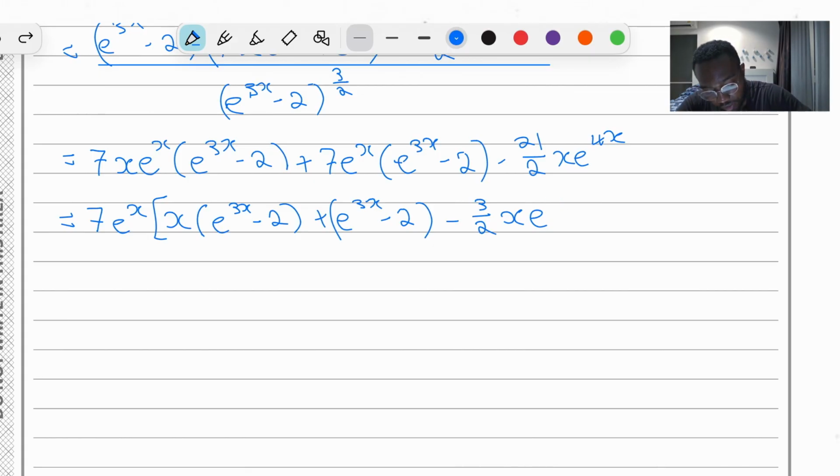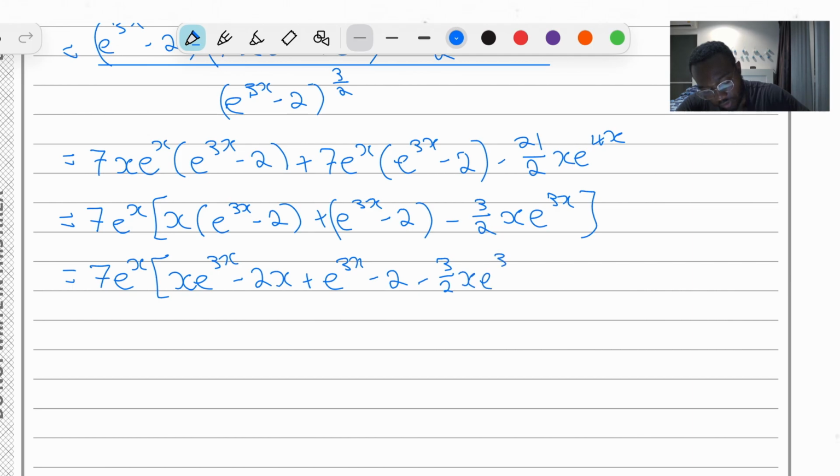And now if we start to expand everything out, we get 7x and then an x e to the 3x minus 2. Let's do it again. We get an x e to the 3x minus a 2x plus an e to the 3x minus 2, and then we get that 3 over 2x e to the 3x.